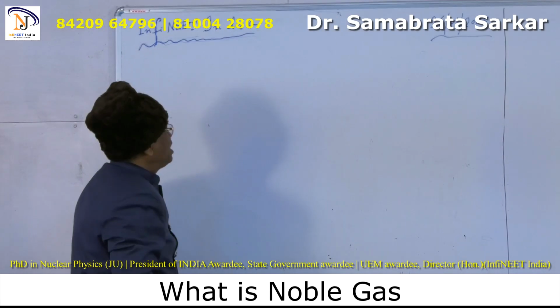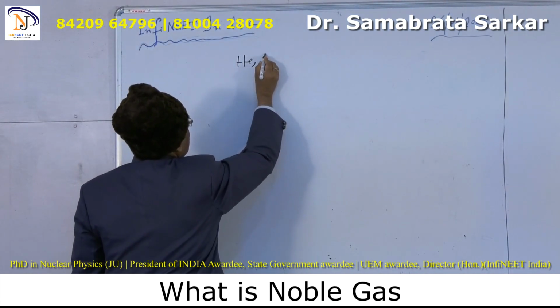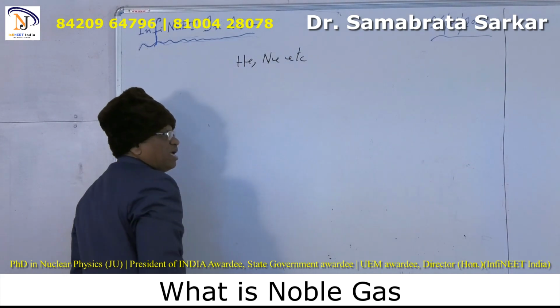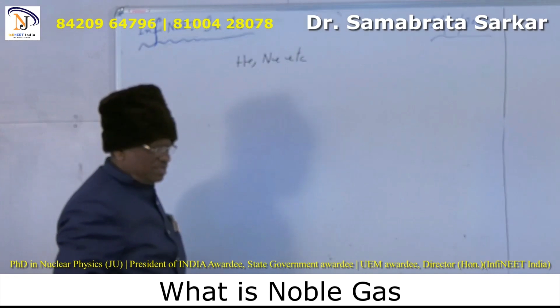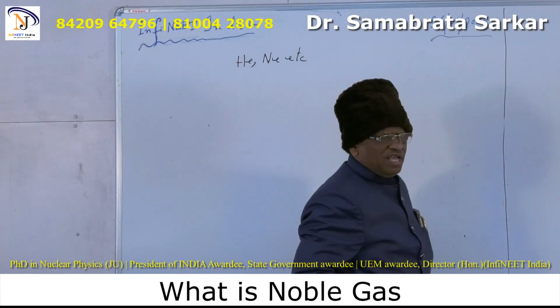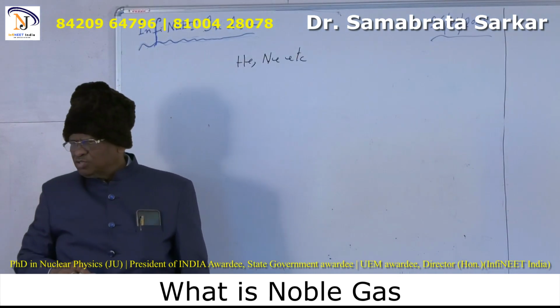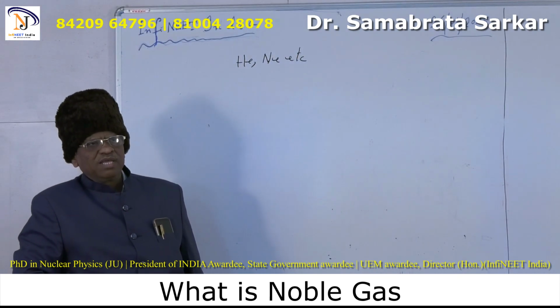Noble gases are helium, neon, krypton, xenon, argon, radon. They remain alone. They like a solitary place and to stay alone, like Anjali.